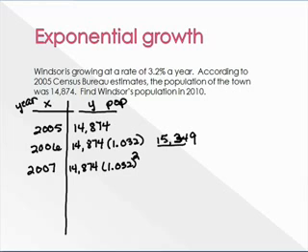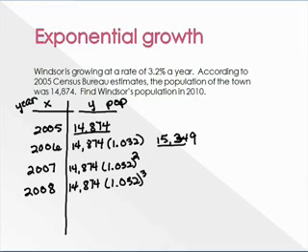All right, does that make sense? So to go 2 years beyond 2005, I'd have to multiply that base population of 2005 times 1.032 twice. Okay, so to get the population in 2008, which is 3 years down the road, we'd have to multiply it by 1.032 to the 3rd power.